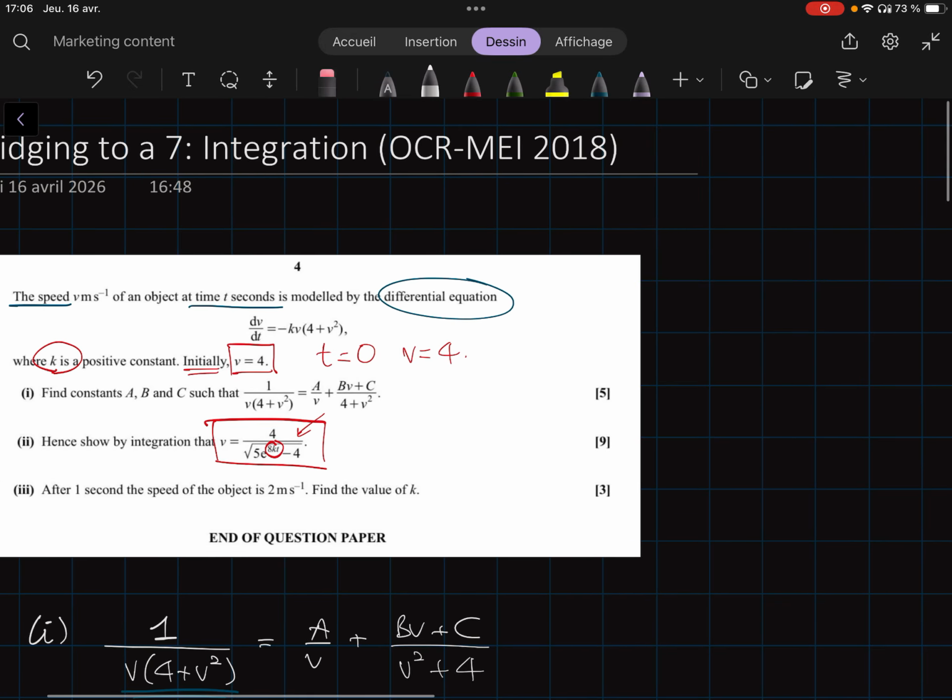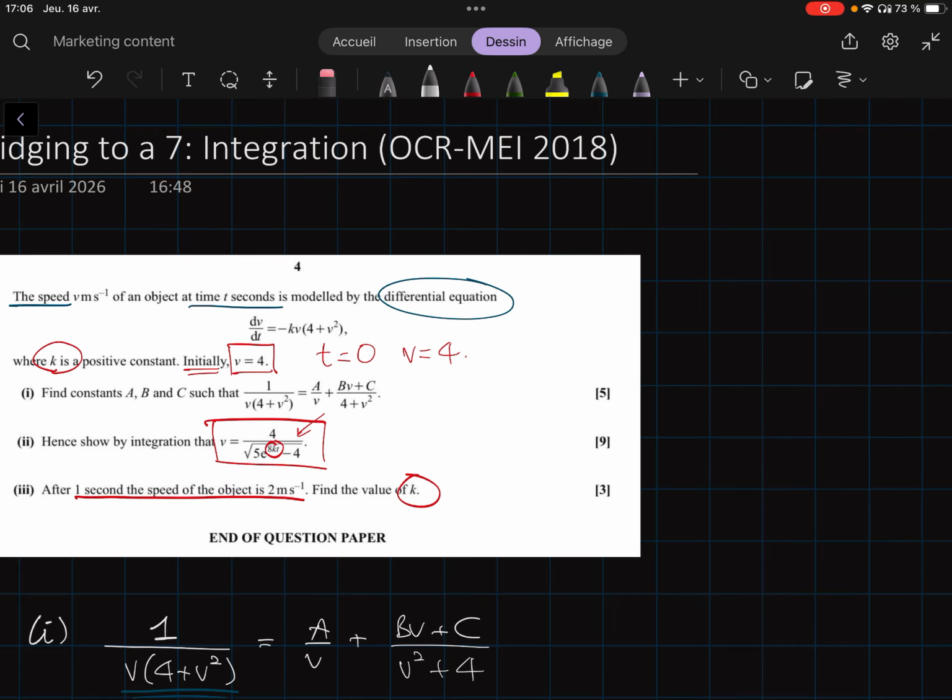Part 3. After 1 second, the speed of the object is 2 meters per second. Find the value of k. This is crucial. Even if you are unable to derive the answer in part 2, you are encouraged to take that answer to solve part 3. You are given v in terms of t. Take it and move on.